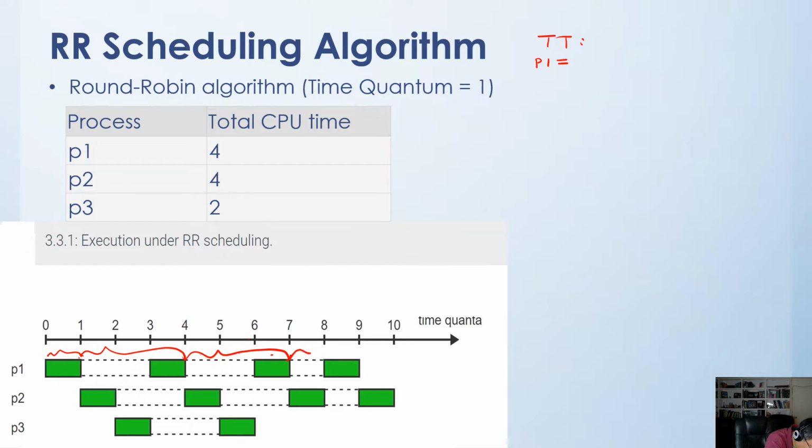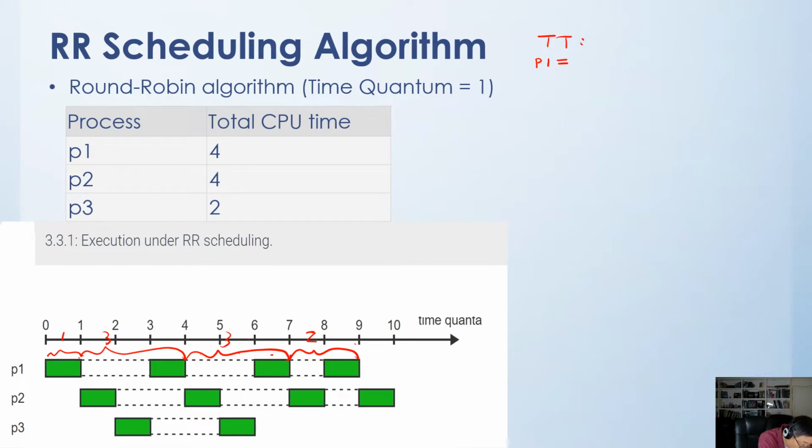And the turnaround time for the last part is from 7 to 9, which is 2. So it's 1 plus 3 plus 3 plus 2, so that's a total of 9.